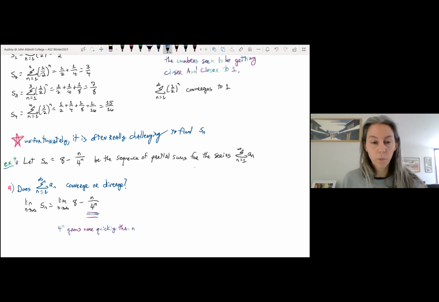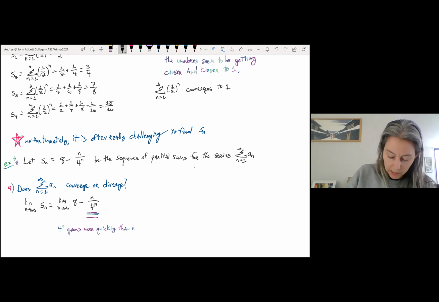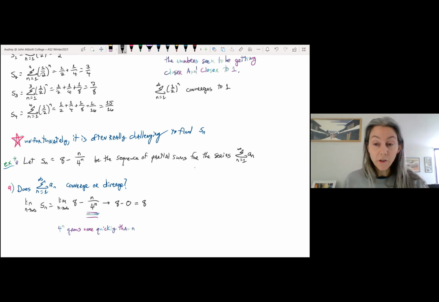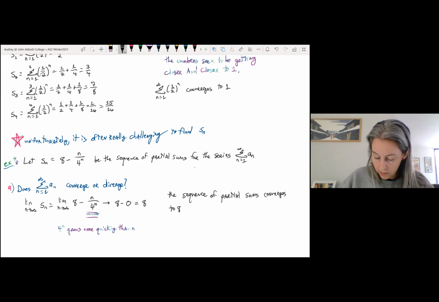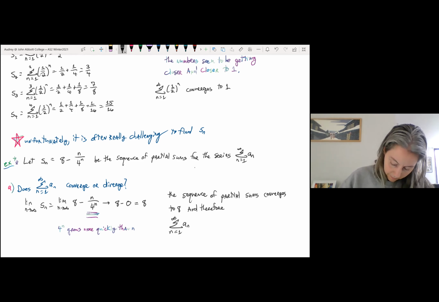I could apply L'Hopital's rule one time, but this growth rate chart allows me to see that this is actually just 8 minus 0, which equals 8. So the sequence of partial sums converges to 8, and therefore the series itself converges to 8.